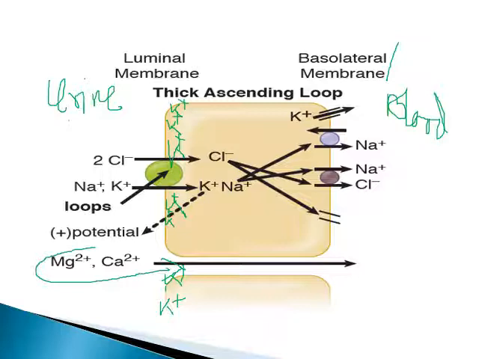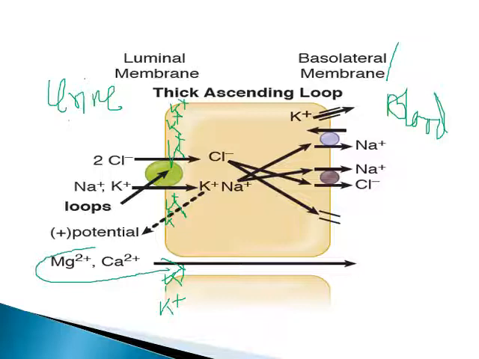So this is important: in the thick ascending loop of Henle there is one transporter, the sodium potassium 2 chloride symporter, due to whose action there will be formation of a positive potential in the luminal membrane that drives the reabsorption of calcium and magnesium.